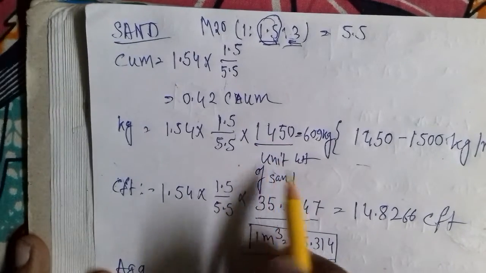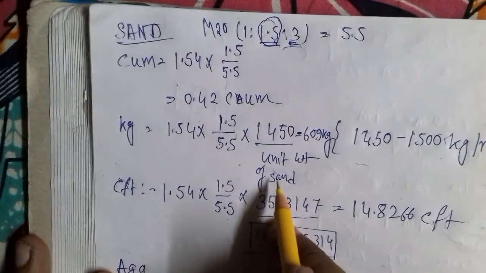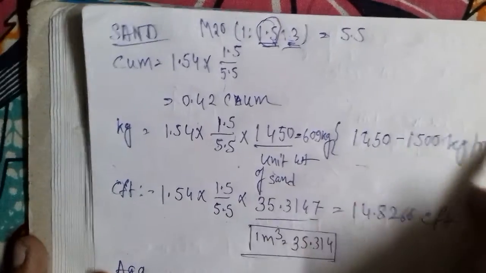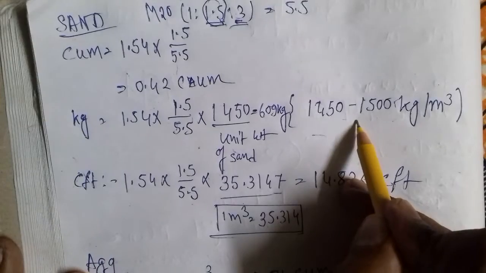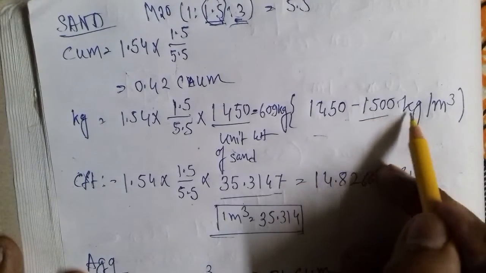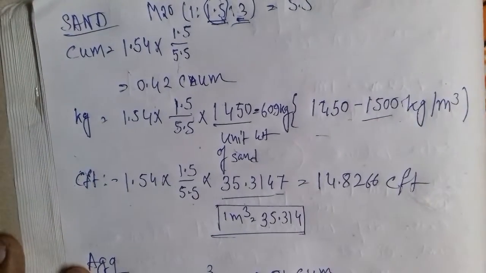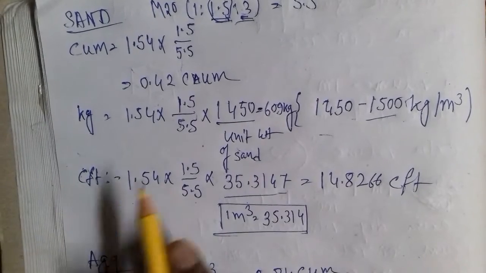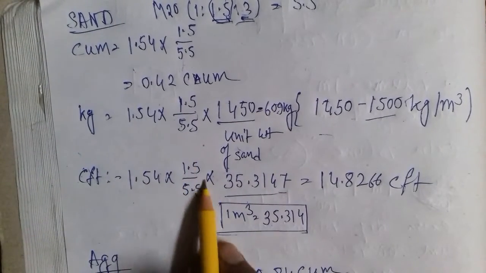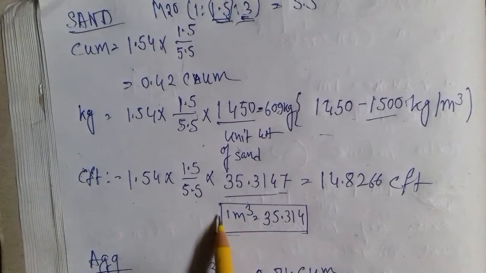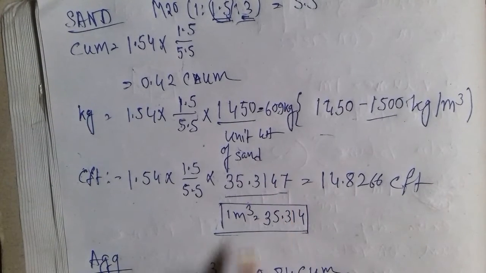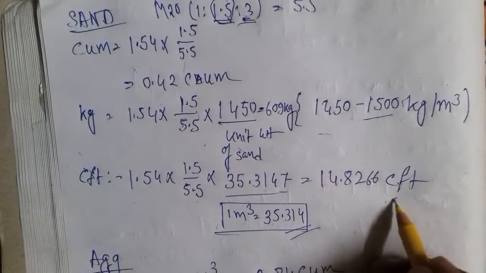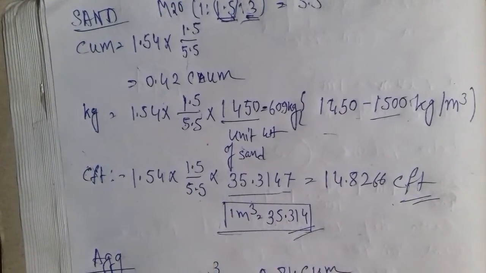This is the unit weight of sand, and this value varies from 1450 to 1500 kg per cubic meter. And for CFT, 1.54 into 1.5 by 5.5 into 35.314, multiplying by the 1 cubic meter value.